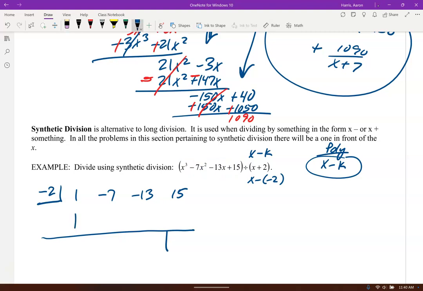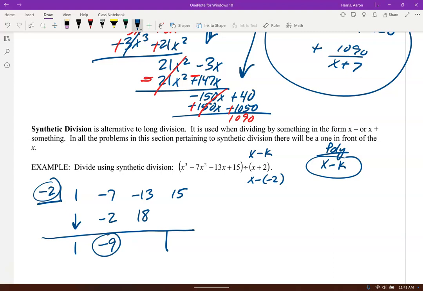So here's the algorithm involved with this. What you do is you drop the 1 down, and then you take the 1 and multiply by negative 2. So 1 times negative 2 is negative 2, and you put it right there. And then negative 7 minus 2 is negative 9. And then you multiply it through. Negative 9 times negative 2 is 18.